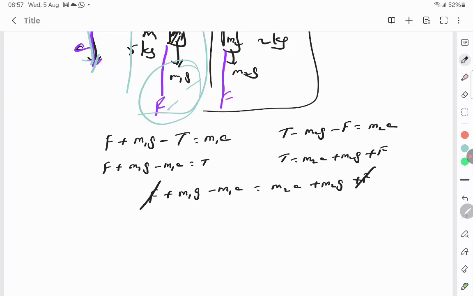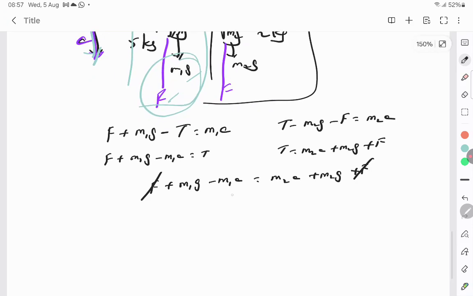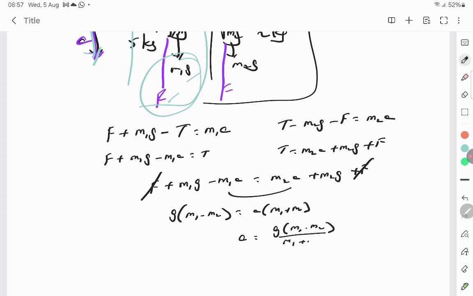That's good. So I can consolidate what is acceleration. So I can say G into M1 minus M2 is equal to A into M1 plus M2. So acceleration therefore is G into M1 minus M2 by M1 plus M2.